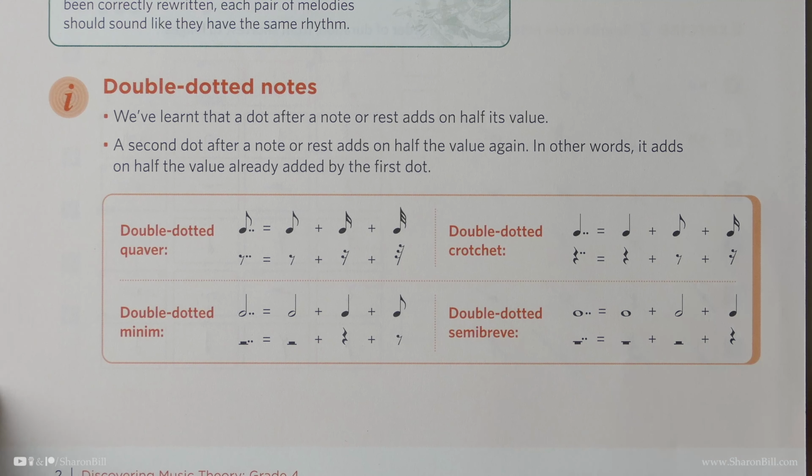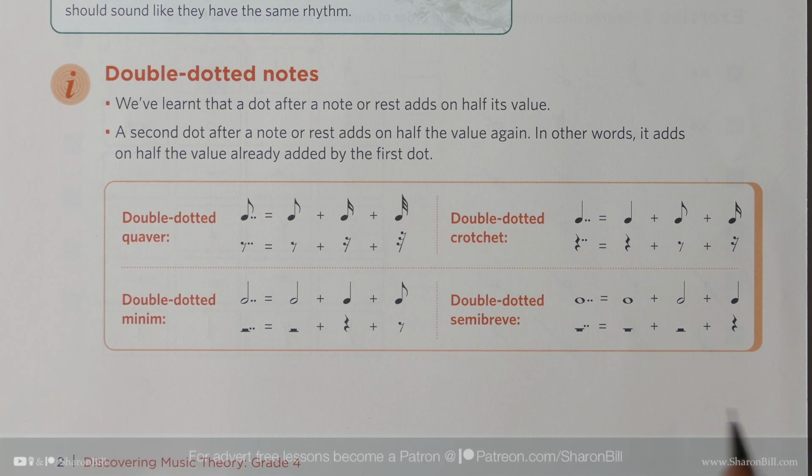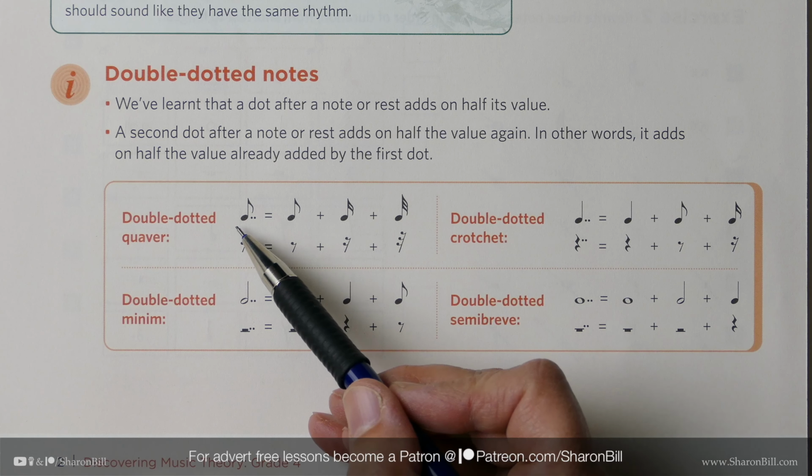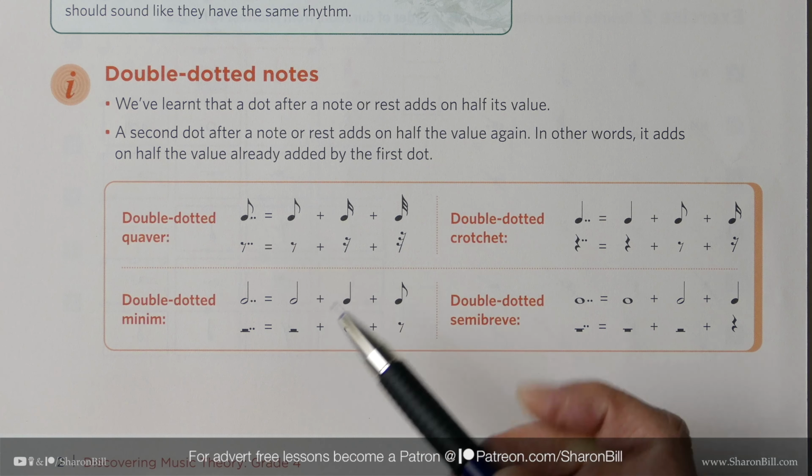Let's just look at the bottom of the page. We're just having a sneak peek at what's coming next, and we have double dotted notes. And it really is as simple as that, exactly as it says. A dot is half as long again, and then the second dot is half of that previous half, as it were.